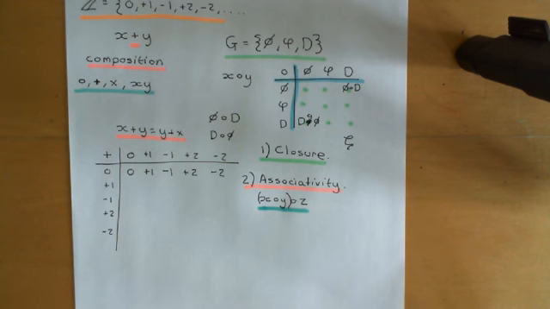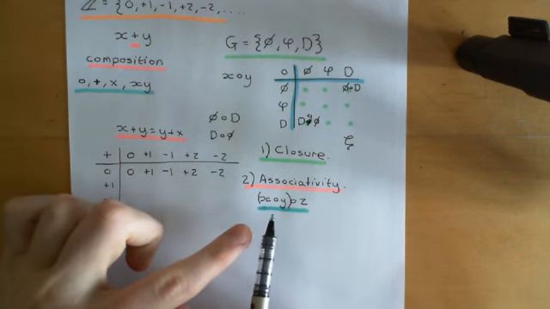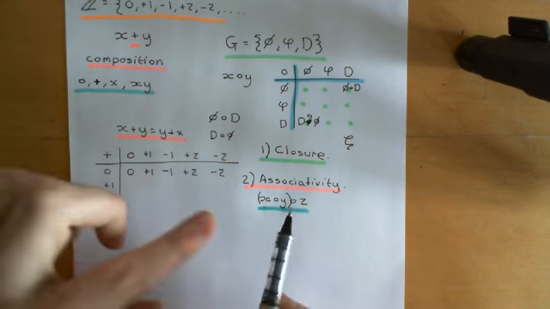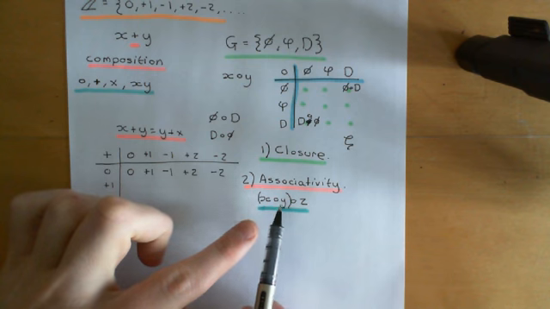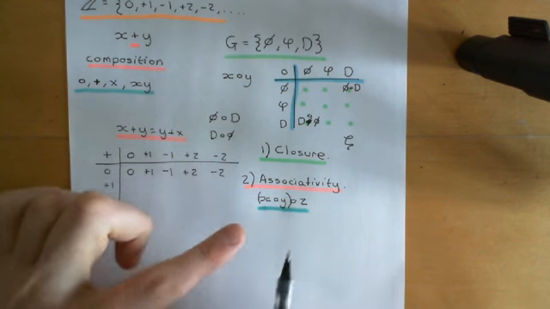So what associativity is all about is that it doesn't actually matter where you put the brackets. You see, I chose to put the brackets around x composed with y. Firstly, get the answer to x composed with y, and then take that answer and compose it with z.